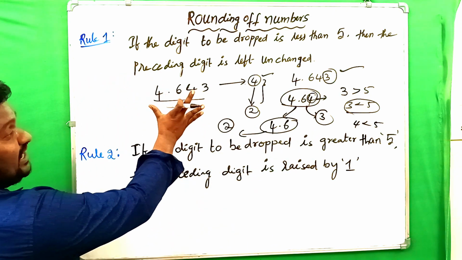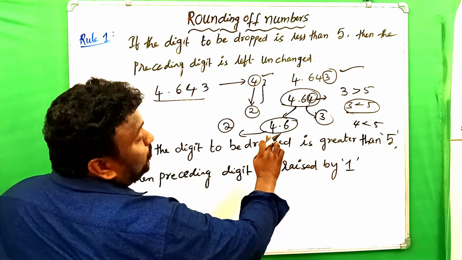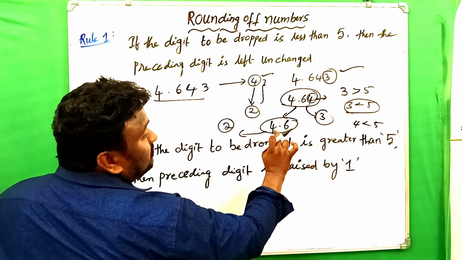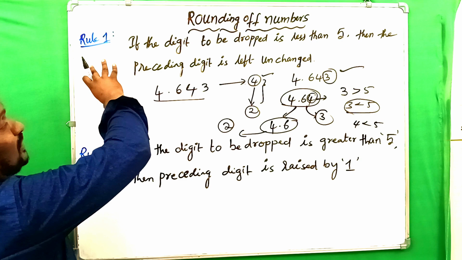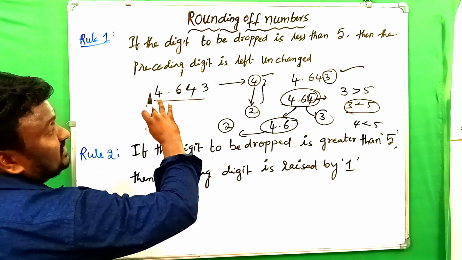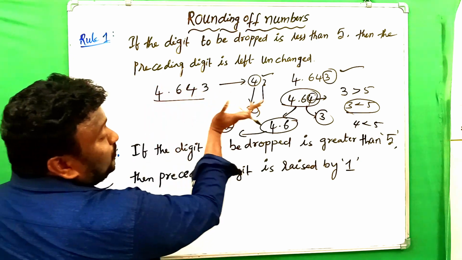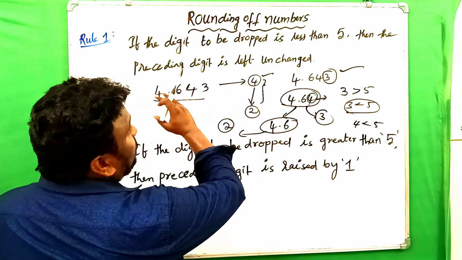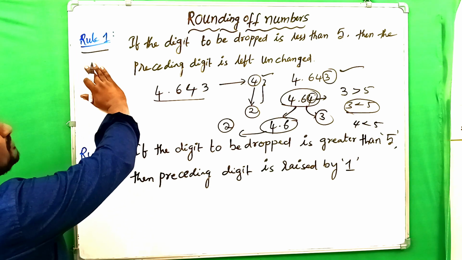So the given number has 4 significant figures and is rounded to 2 significant figures as 4.6. This is rule number 1, and the process we did is called rounding off numbers, rounding to two significant digits.